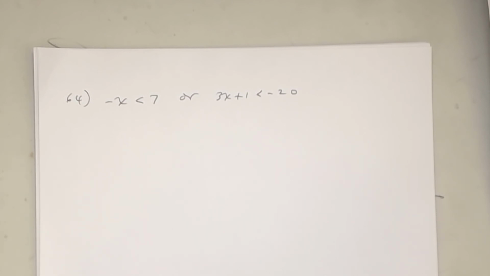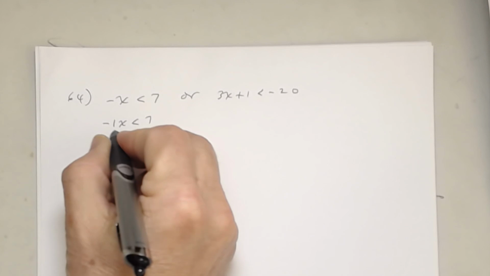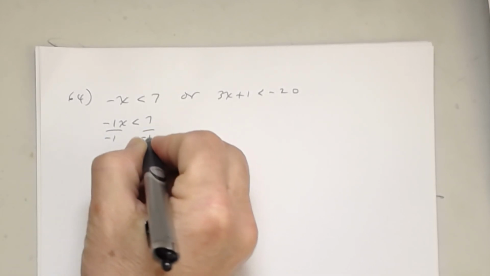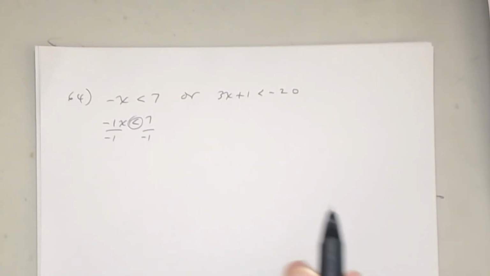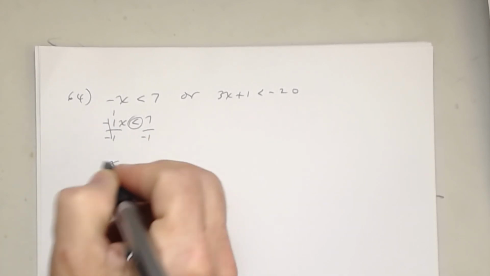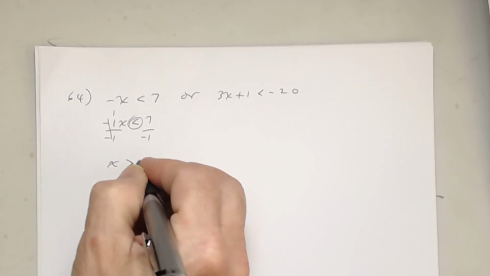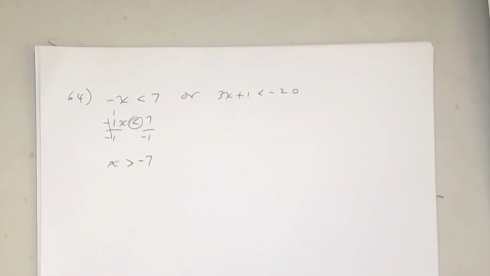So remember, and means the solution has to satisfy both. Or means either one. So yes, to solve the first one, you are going to divide both sides by negative 1. Since I am dividing by a negative number, I've got to reverse the inequality symbol. So negative 1 divided by negative 1 is 1. So my solution is going to be any real number x that is greater than negative 7.